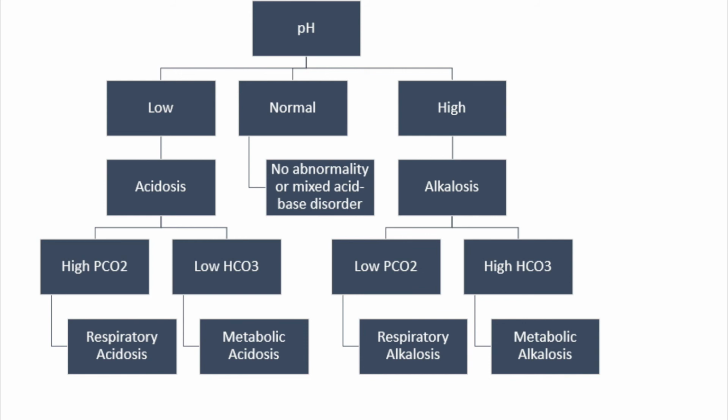If they have a high pH and high HCO3, then they're in metabolic alkalosis. So the PCO2 is very important to differentiating between respiratory acidosis and alkalosis, whilst HCO3 differentiates between metabolic acidosis and alkalosis.